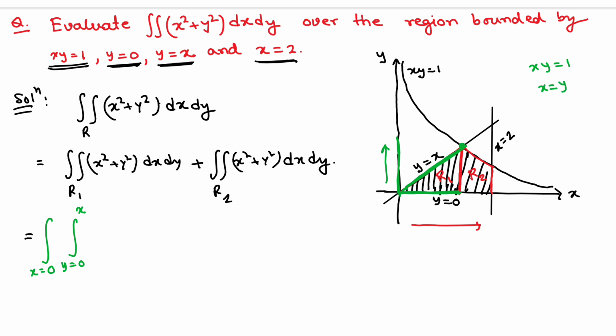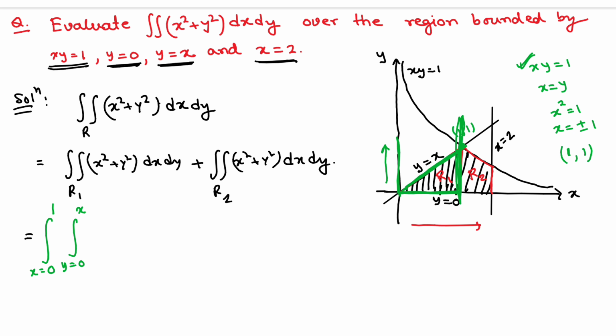If I put y equals to x in this equation, we get x square equals to 1. That means x equals to plus minus 1. Minus 1 is not possible because this is the first quadrant. So x is equal to 1, and obviously y will be 1. That means this point is (1, 1). So obviously this line will be x equals to 1, parallel to the y-axis. So the integration is x equals to 0 to 1.